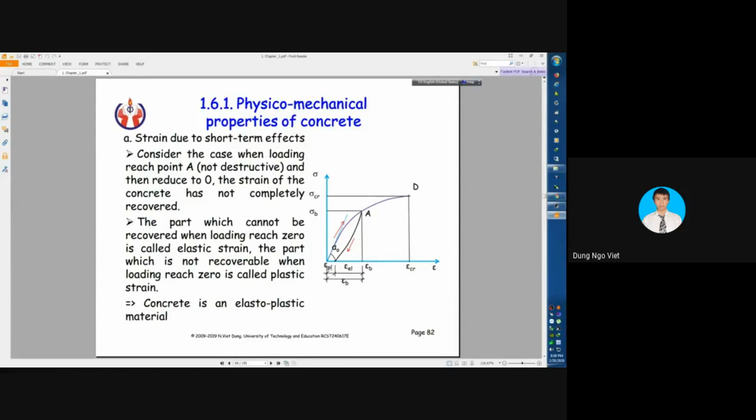Remember it. Because concrete has both plastic strain and elastic strain, concrete is an elastoplastic material. That means this material, concrete, has both elastic properties and plastic properties.